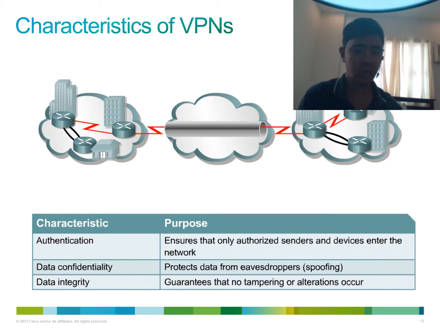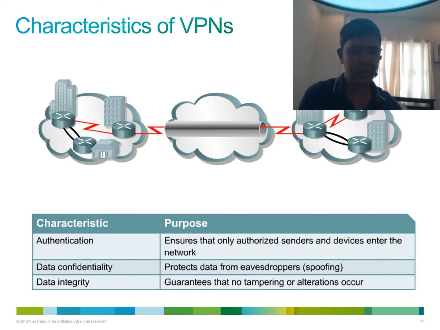So again, in authentication we ensure that only authorized users are the only ones that can send data through the tunnel. Okay. Like with IPsec, a way to authenticate is by providing a pre-shared key. Okay, sort of a password between two parties, say two campuses or two branches. Confidentiality is that there will be an encryption mechanism, okay, to be applied during a cryptographic algorithm, much better term, to be applied to the data during transmission, or the data in transit.